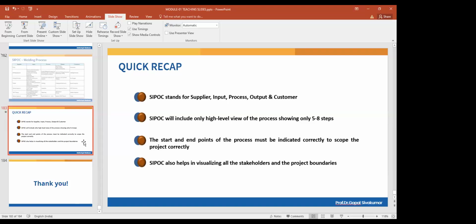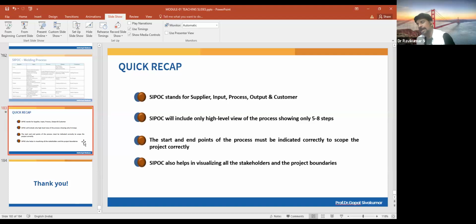Oh, no problem. So, guys, we have seen some important content today. We have seen how to select the projects using VOC, VOB, COPQ. That is identification. Then how to go ahead and select using Pareto.